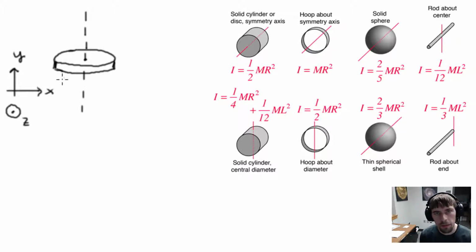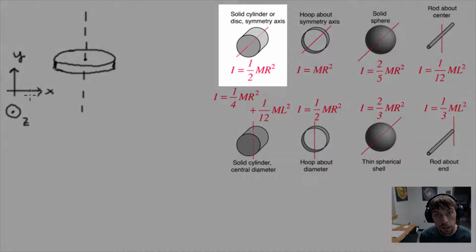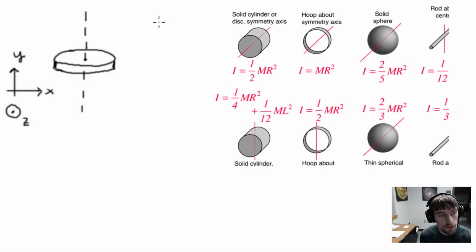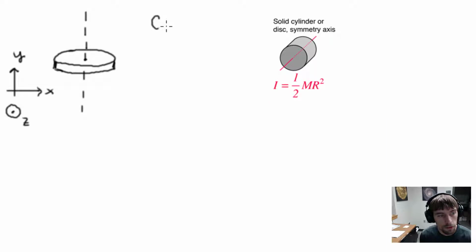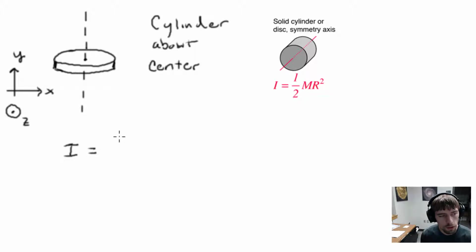Looking at our chart, this is essentially a cylinder about its center. And so the moment of inertia of this object is simply equal to 1/2 the mass of the object times the radius, big R, squared.